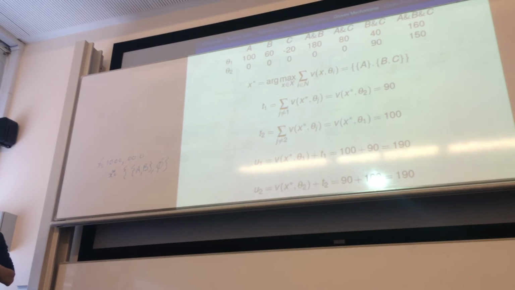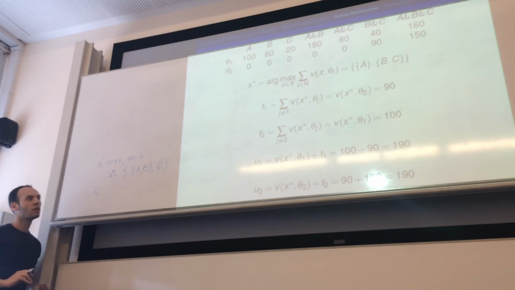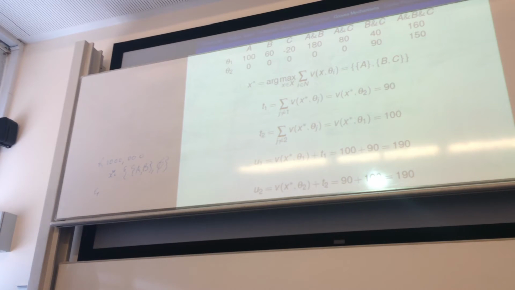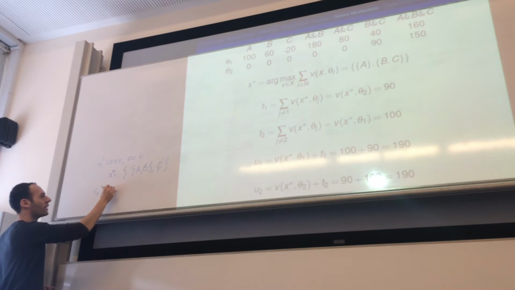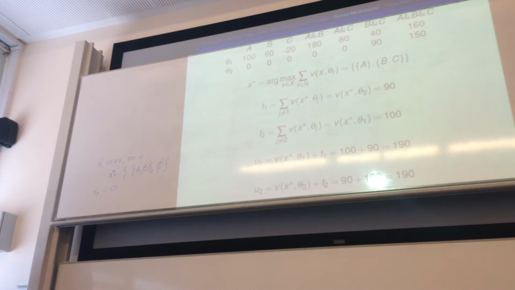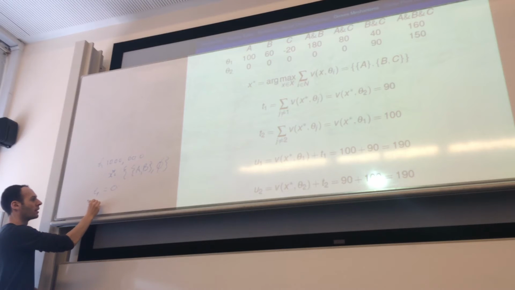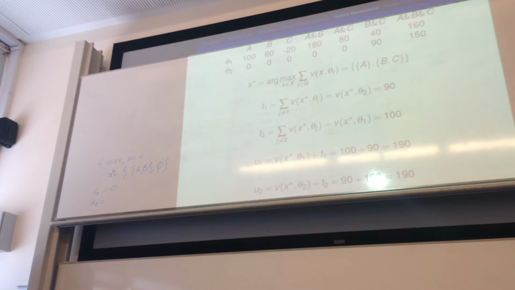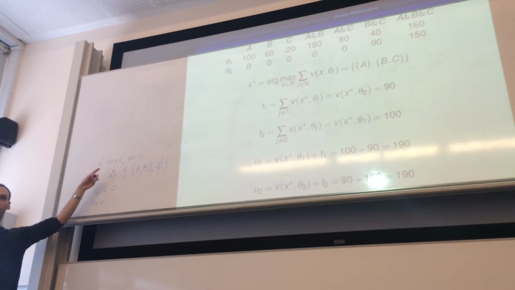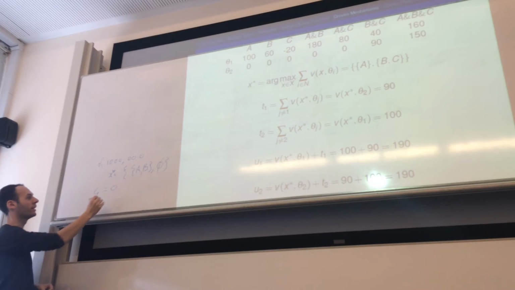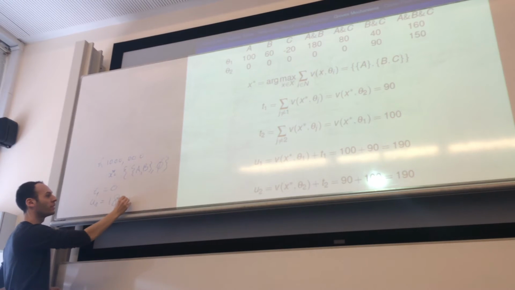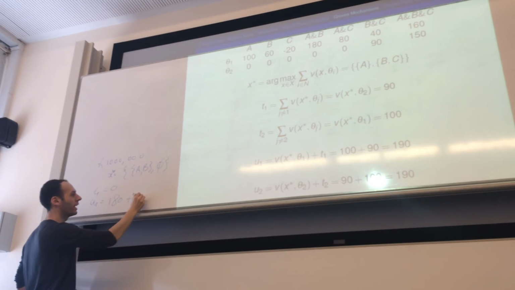Given this, what would be the transfer of agent 1 under this condition? 0. So what would be his utility? No, this is his report, right? His true utility is 180, plus 0 is 180.